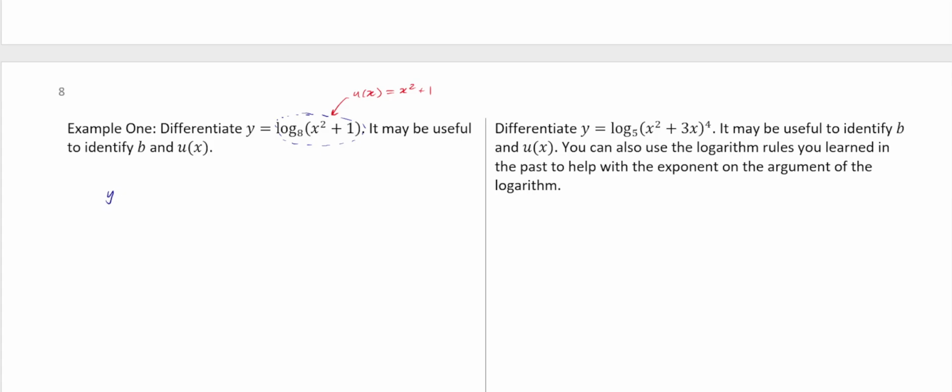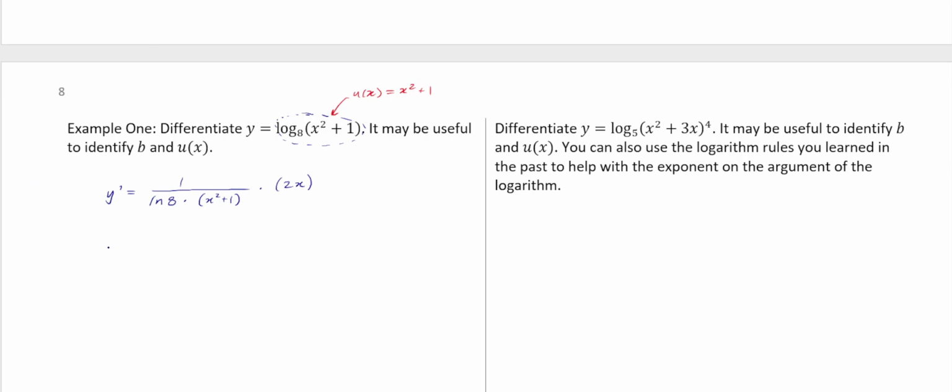Recall, the derivative is going to be 1 over the natural logarithm of whatever the base was, in this case 8, times the argument, but then I have to apply the chain rule with the derivative of the argument.